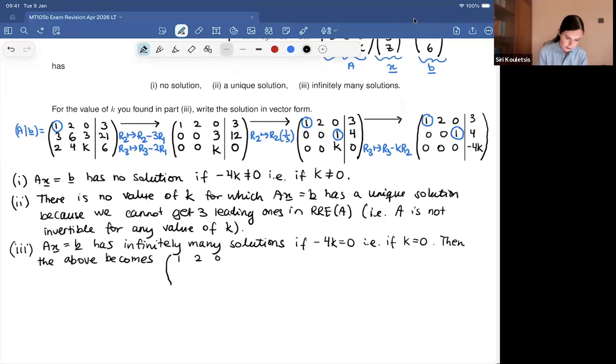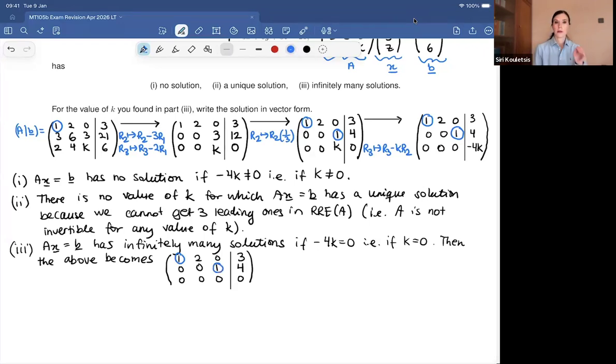And if you're working, go ahead and take a head start on writing out the solution in vector form, so that you can see if you are confident with that at this stage of your revision. And if not, then let's fix that today. That is also fine. Let's make sure that we know how to do this.